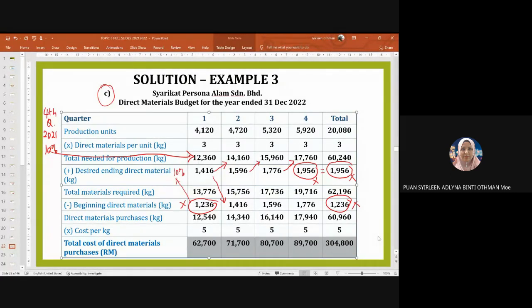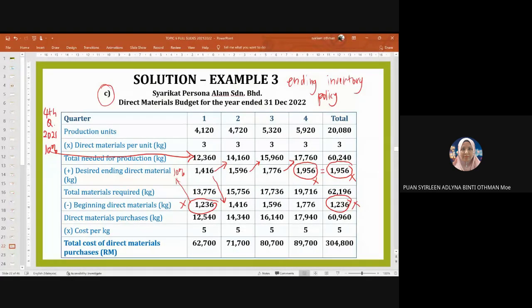So this is direct material. You can see here that the production budget and the direct materials budget both have an ending inventory policy. We use the ending inventory policy to calculate the ending inventory. The policy remains the same throughout any accounting period.